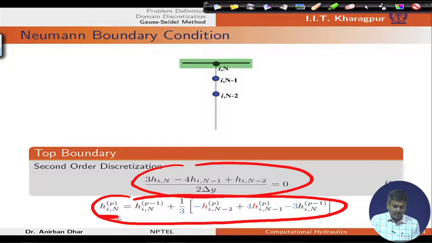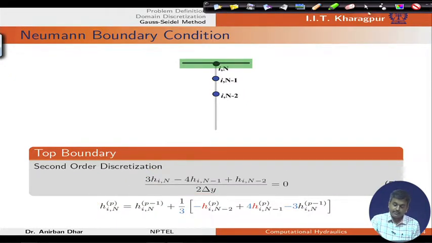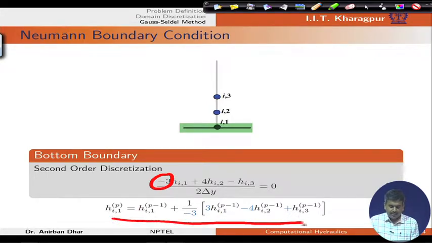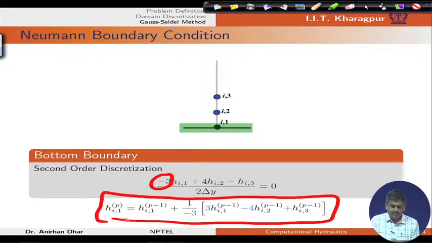This is an updated one, this is the old one, this is my residual divided by central coefficient. If I further use the same approach, this is my central coefficient. So, 1 by 3 is there.